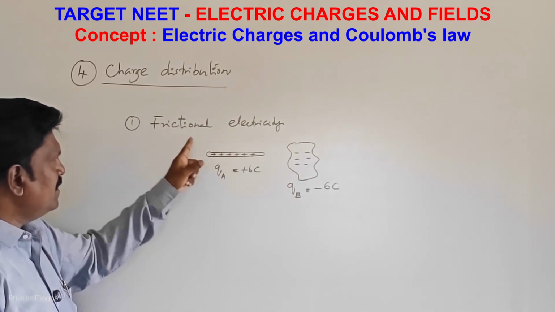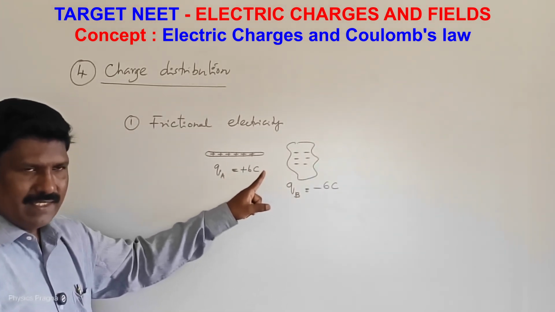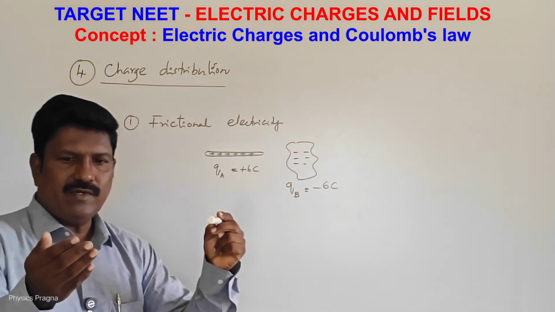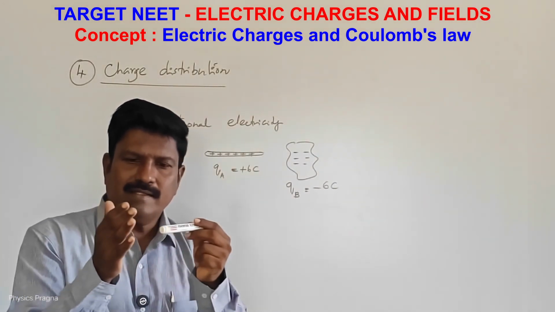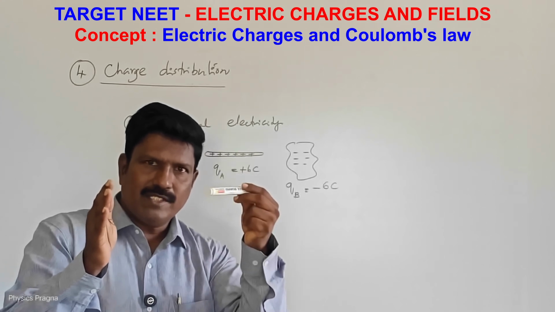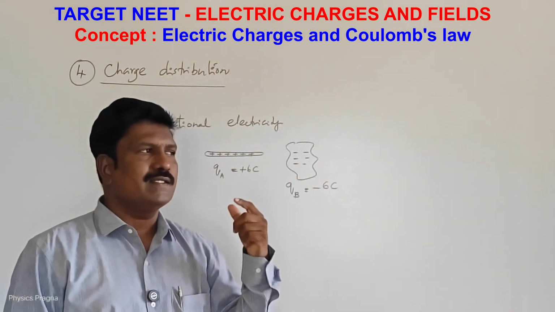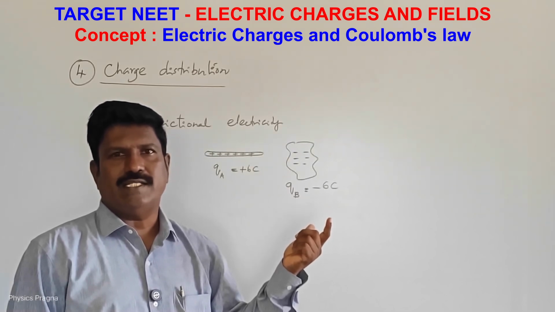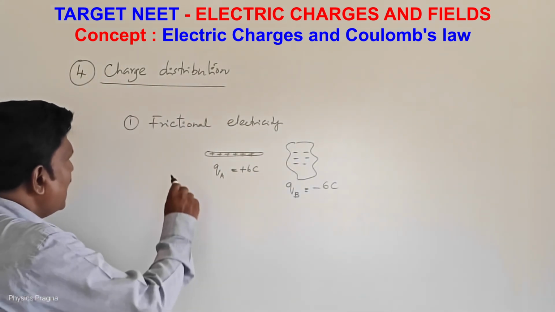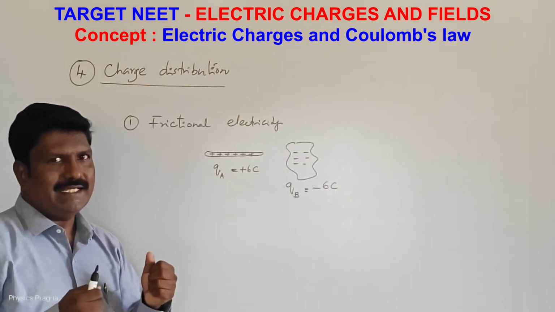So after friction, opposite charges are developed. Before that, these two bodies have no effect. When we rub, this body becomes positive, this body becomes negative, and they will attract each other. Why? Because like charges repel each other, unlike charges attract each other. So after friction, these two bodies will attract each other.